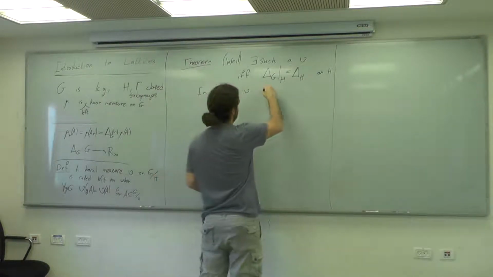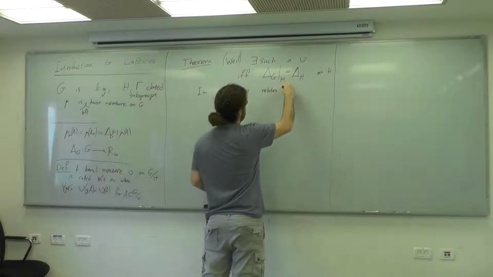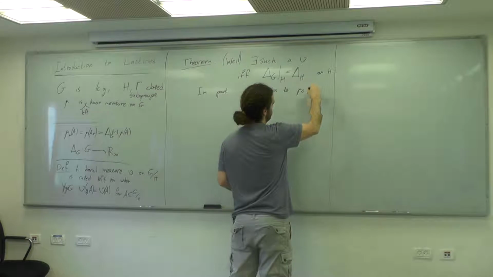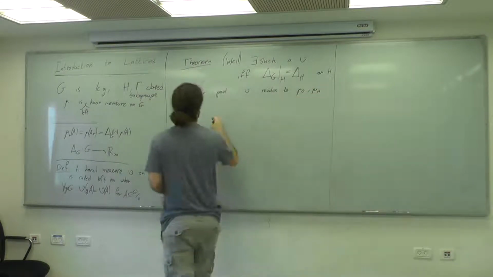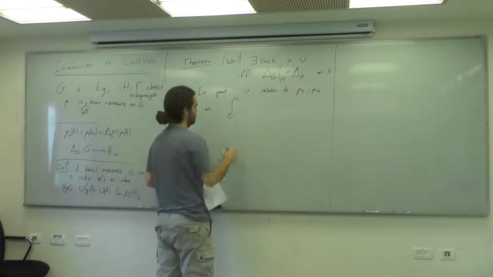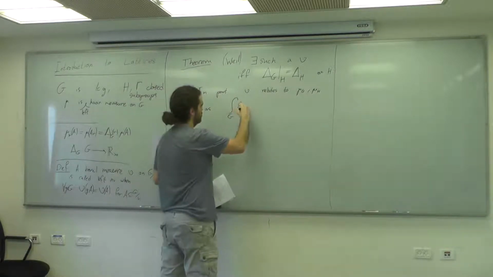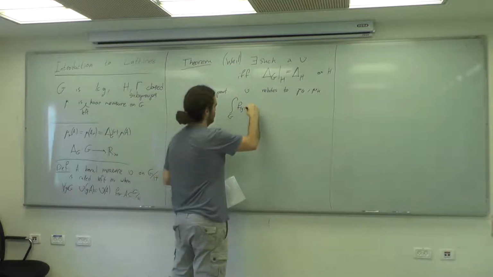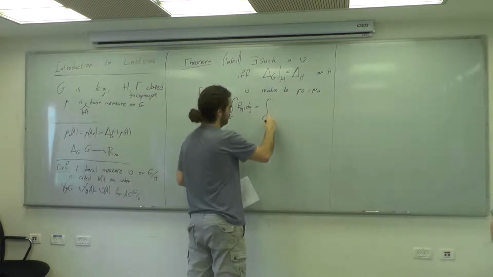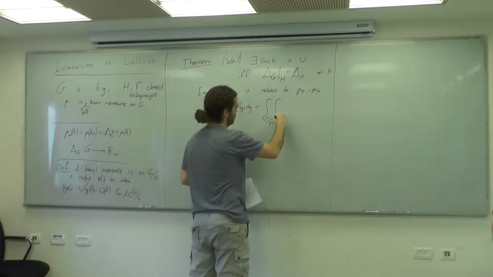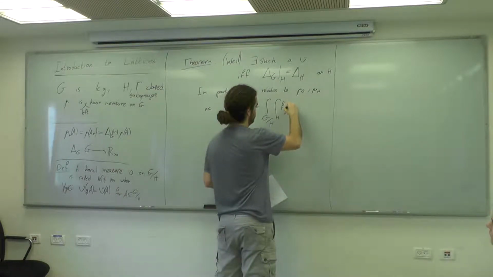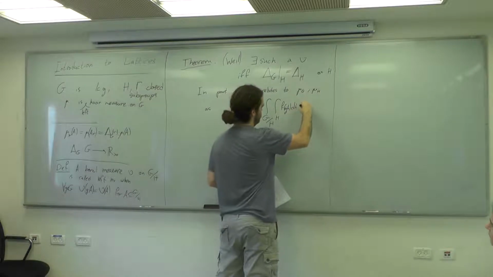Nu relates to, let's say, mu of G and mu of H as follows: if you give me a Borel function f on G, then the integral of f over G, dg, is the repeated integral over G mod H and the integral over H of f of gh, dh, dg.